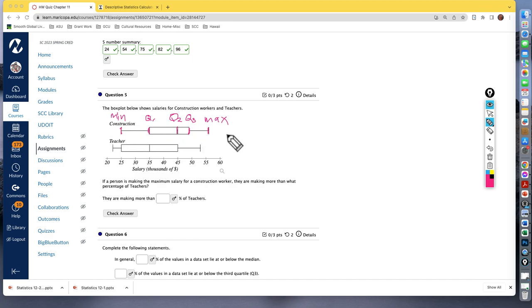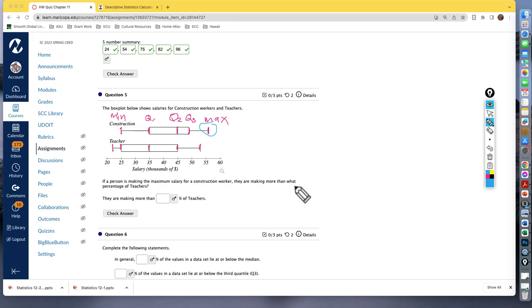So this is a construction worker. The teachers have different data, but they're plotted here. So there's a minimum, quartile 1, quartile 2, quartile 3, and a max. Now watch, if a person is making the maximum salary for a construction worker, so who are we talking about? This.